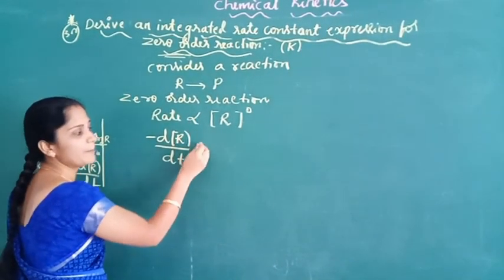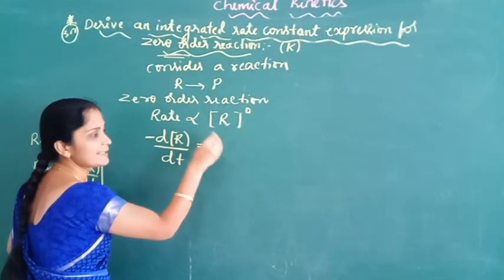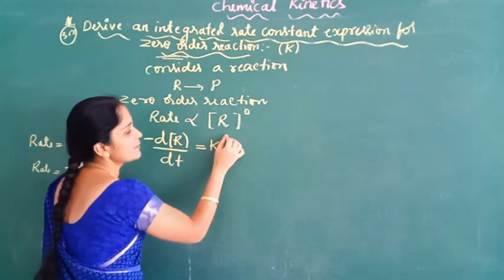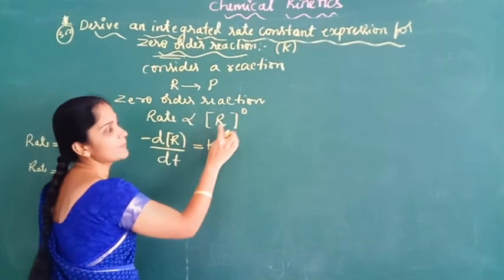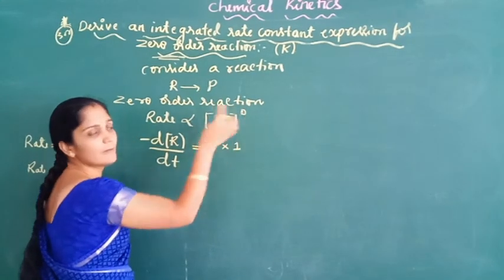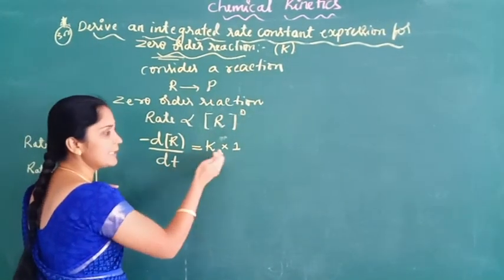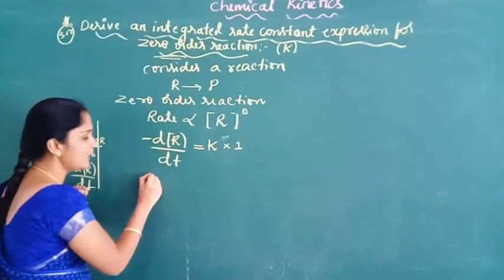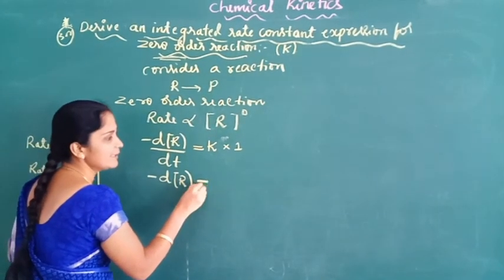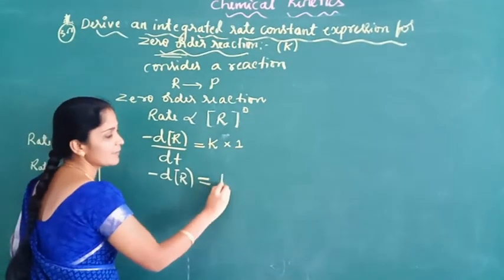After removing the proportionality, we get a constant. It is k, where k is called rate constant. Anything to the power of 0 is 1. Now rearrange this equation. So we get minus dR equals k into 1, k.